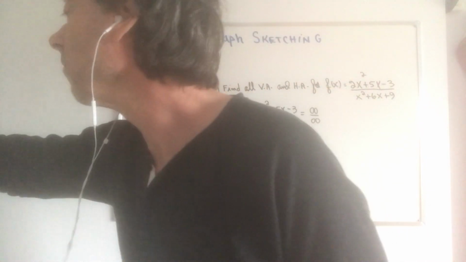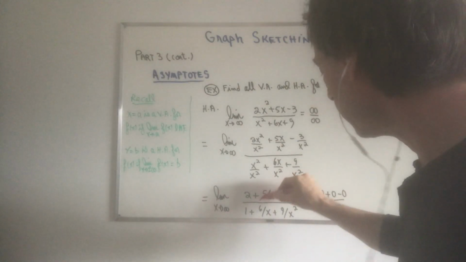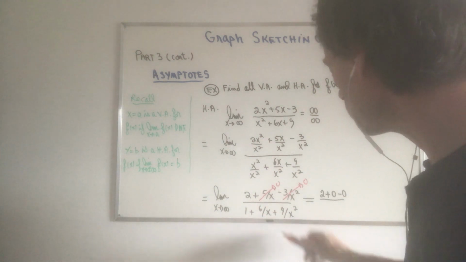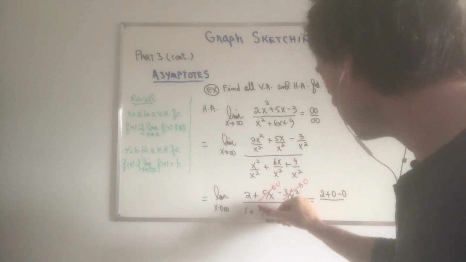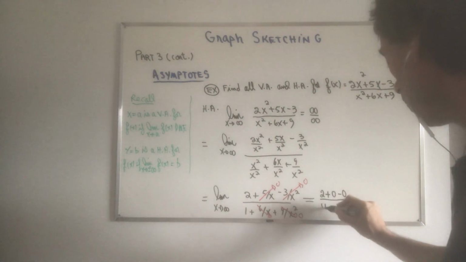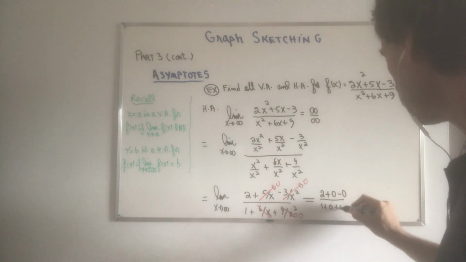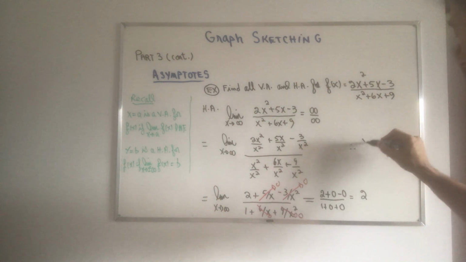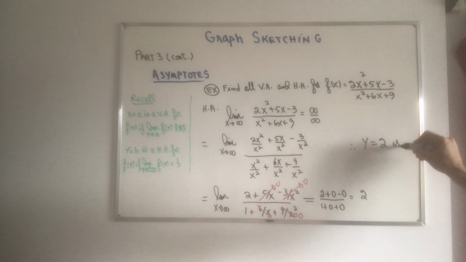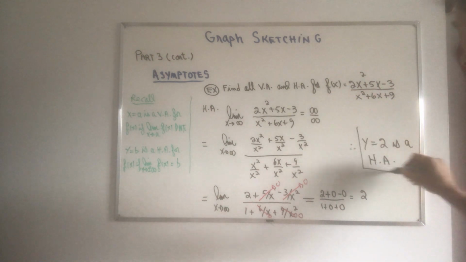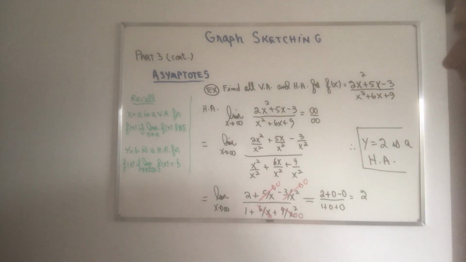Because 5 over infinity goes to 0, 3 over infinity goes to 0, and the same thing for these guys, they all go to 0. So 1 plus 0 plus 0, that's 2 over 1, that's 2. And that means that y is equal to 2 is a horizontal asymptote for the graph of this function.